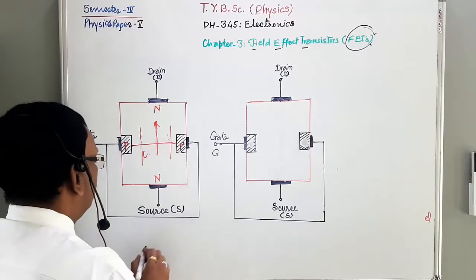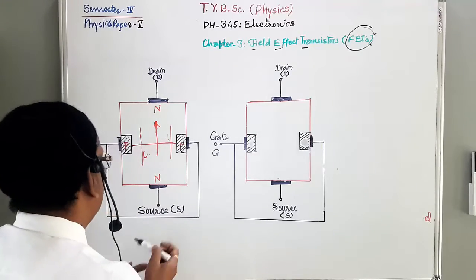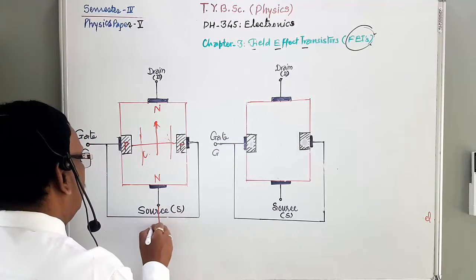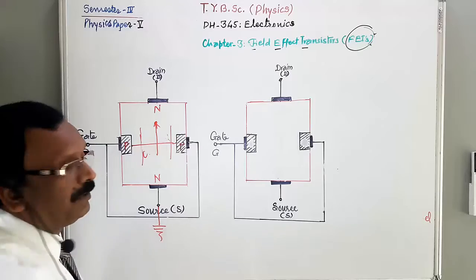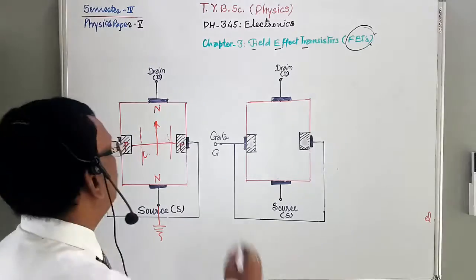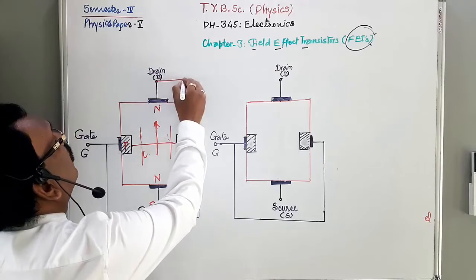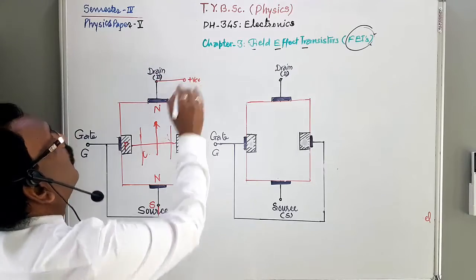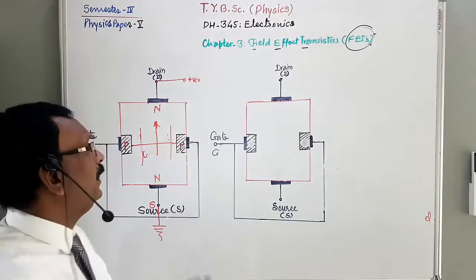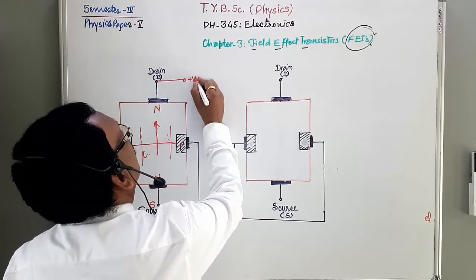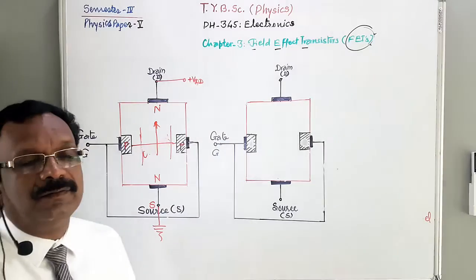This is the source, and this source is connected to ground, and this drain is connected to positive VDD, the drain voltage, not VCC here.